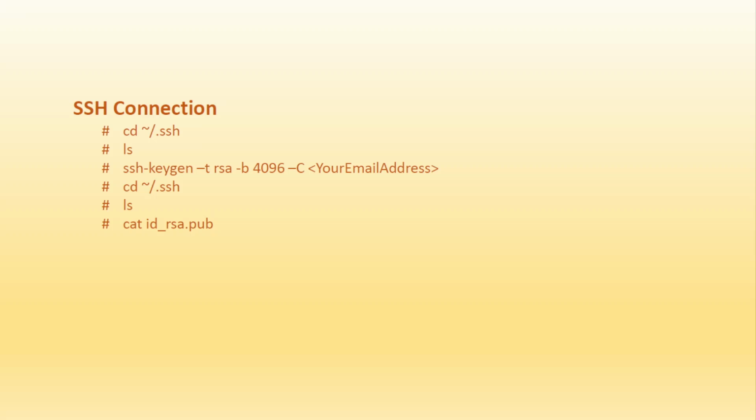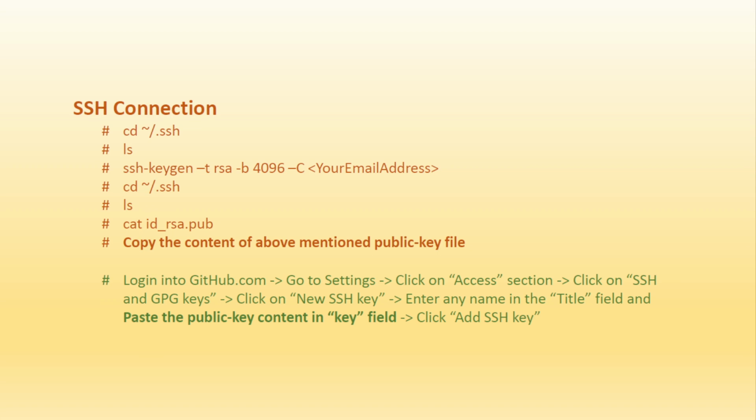So using the cat command, you can see the content. You require to copy the content and then go to github.com where your repository is. You require to go to settings, then go to the access section, click on the SSH and GPG keys menu item. Then you click on new SSH key.